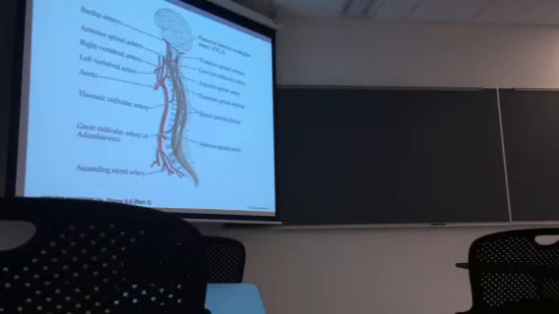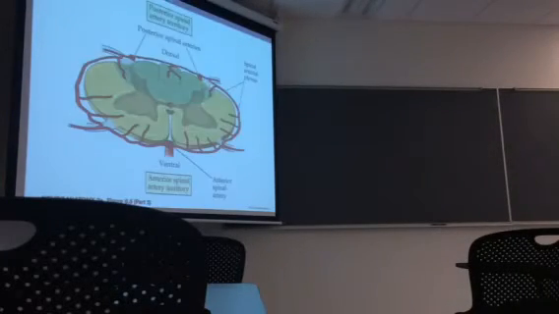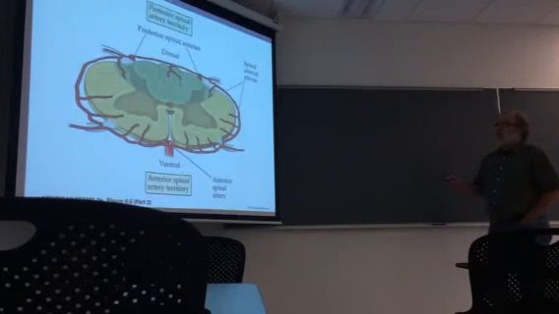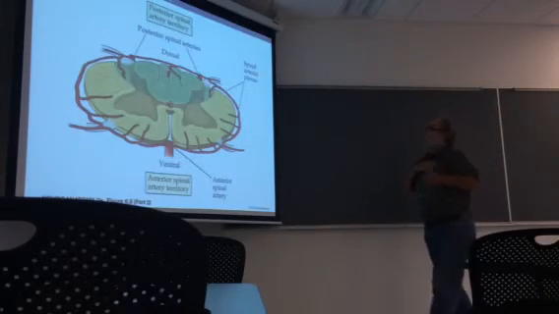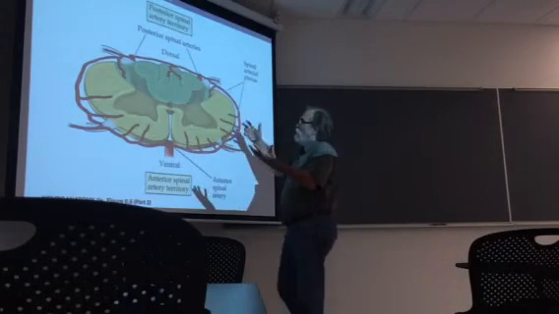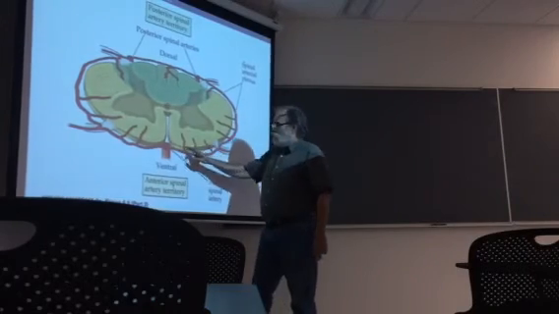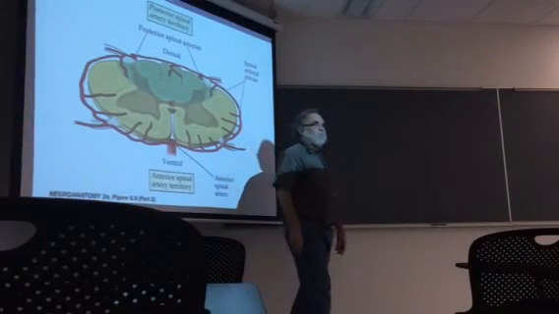Let's look at that. So here we have the plexal arteries. These are them, all around here, okay? Here is the anterior spinal artery. Here are the 2 posterior spinal arteries. And look at this. A circle.